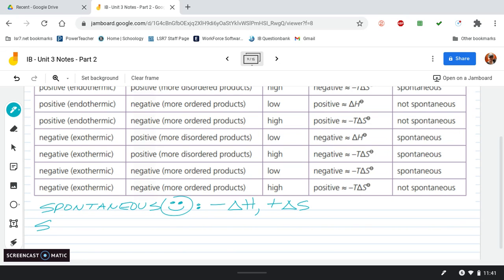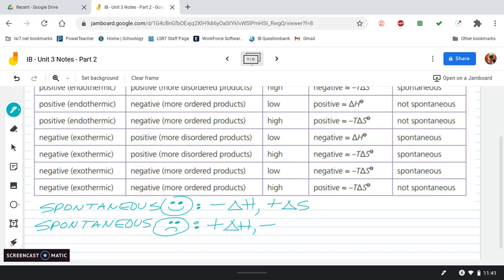Then, of course, the opposite is going to make it very hard for a reaction to work. These are things that are going to really make our spontaneous reaction sad and not work. If you are absorbing energy, that means the reaction needs energy in order to happen, so that's not good.